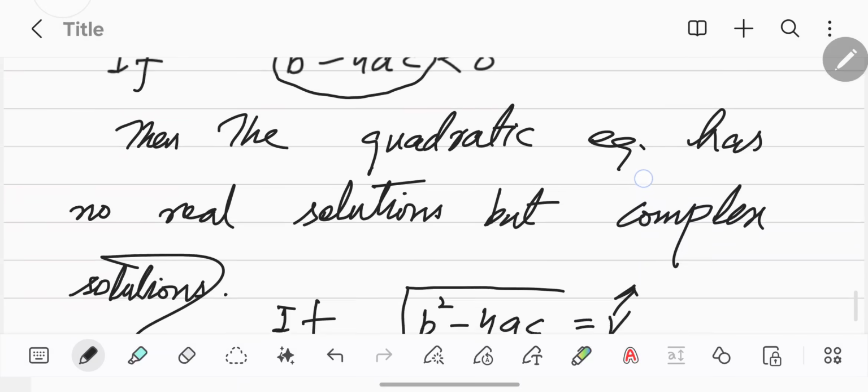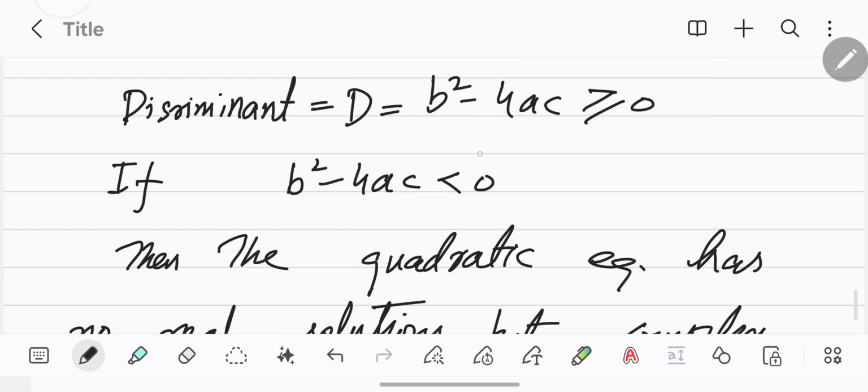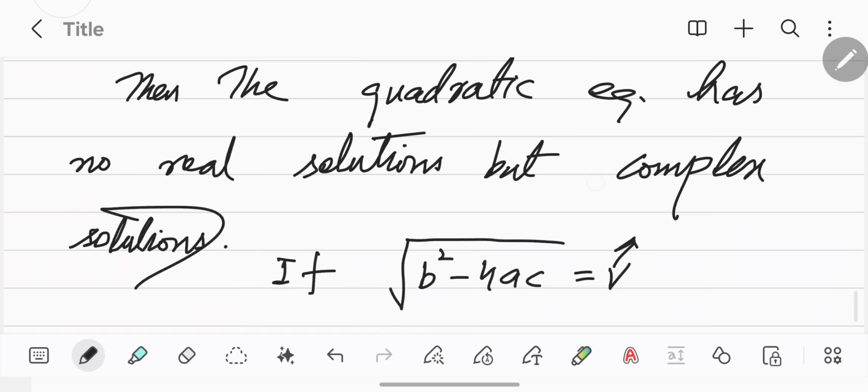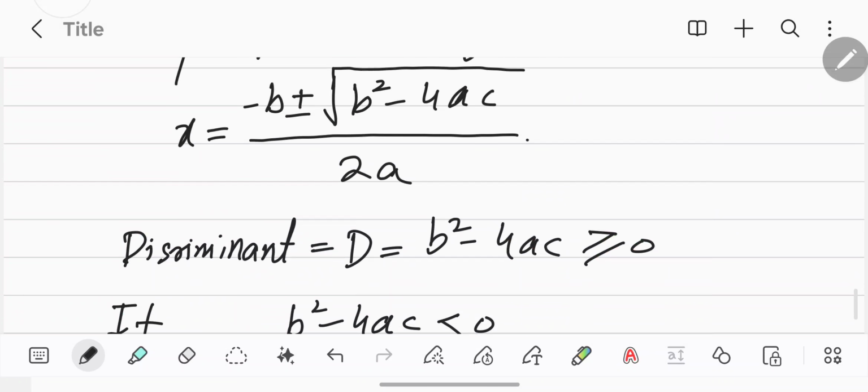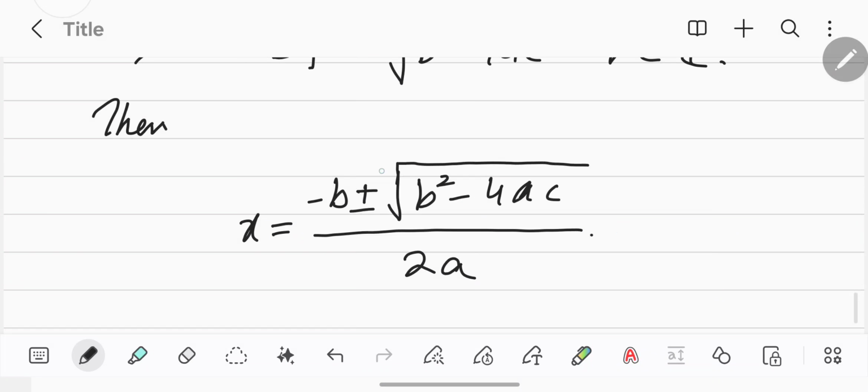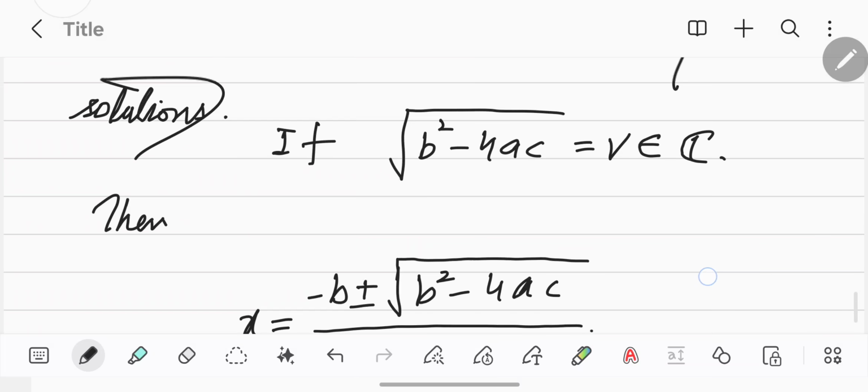Because our discriminant is negative. If it is negative, we call it a complex number, so that means it belongs to C. Then in the quadratic formula we will write v instead of this, because we have considered that it is a complex number, so I can call it v.